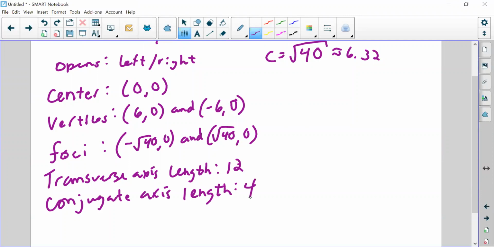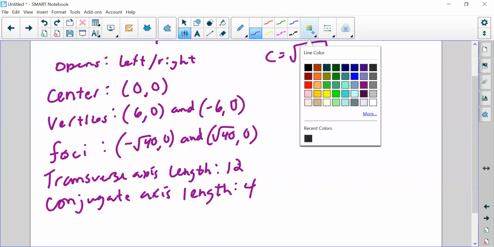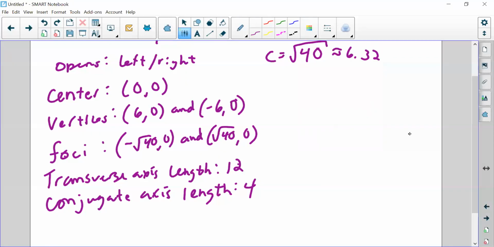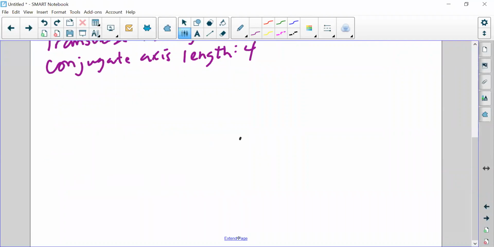Very good. Because that is our B, which is 2, times 2, double that. So that gives us 4. All right. Now we're going to sketch our graph. I'll give myself plenty of room here.